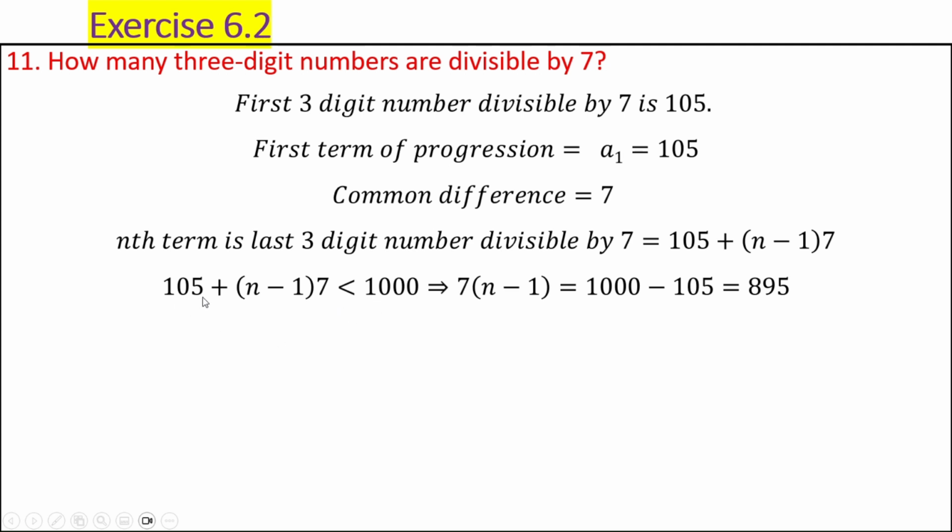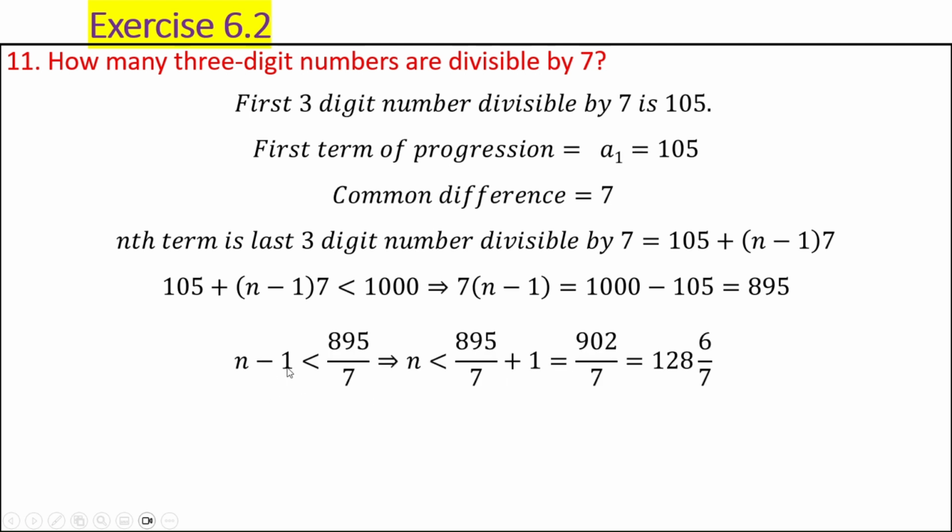What I am writing is 105 plus n minus 1 into 7 is less than 1000. It should be less than 1000. Which means 7 into n minus 1 should be less than 1000 minus 105, which is 895. So n minus 1 should be less than 895 by 7, or n is less than 895 by 7 plus 1, which is equal to 902 by 7, or 128 6 by 7.